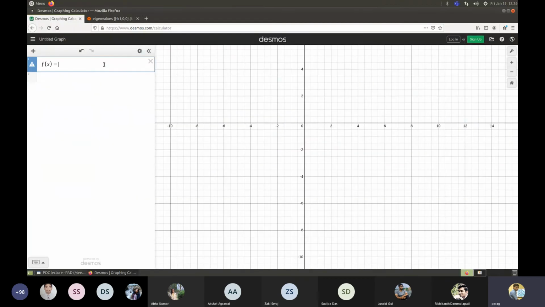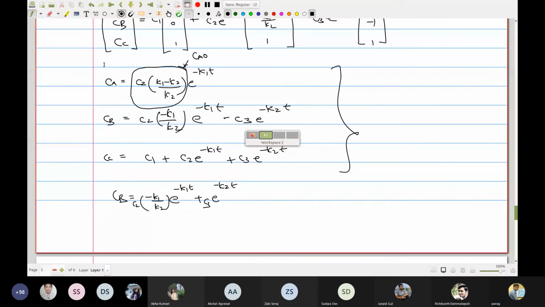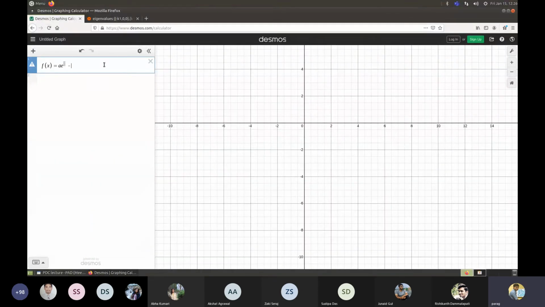Equals A into e to the power minus k1 x, plus b e to the power minus k2 x.